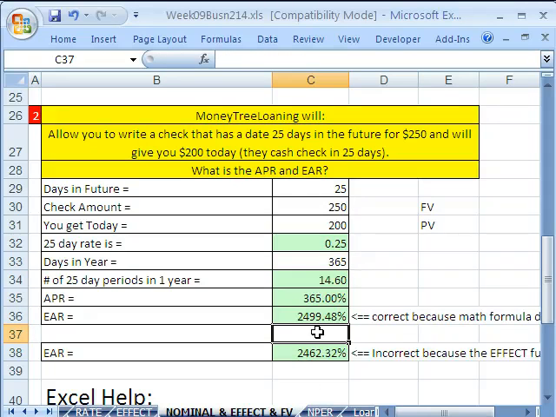All right, so it's a little bit bigger. We can see 2,499, so it's like 2,500%. So that's what Money Tree and Loan Today, whatever the other ones are, charge. Huge interest rate. We also see that APR doesn't really do it justice. We really need to go to the effective annual rate to see how much damage is being done.